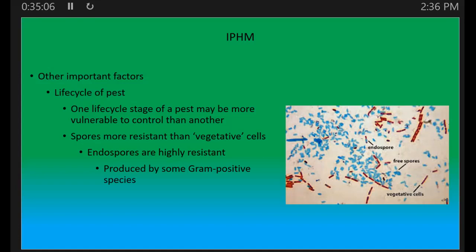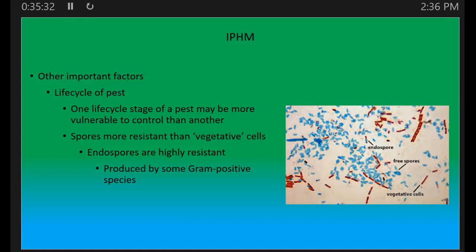This picture is what you would see under the microscope with a special spore stain, where all the red cells are the active growing vegetative cells, and all the blue cells are spores. You can figure this out quite readily if you have an endospore-producing bacteria just by looking at them under the microscope. It's not that hard.